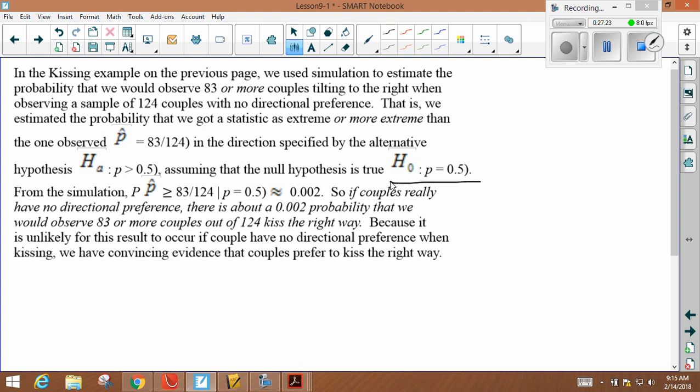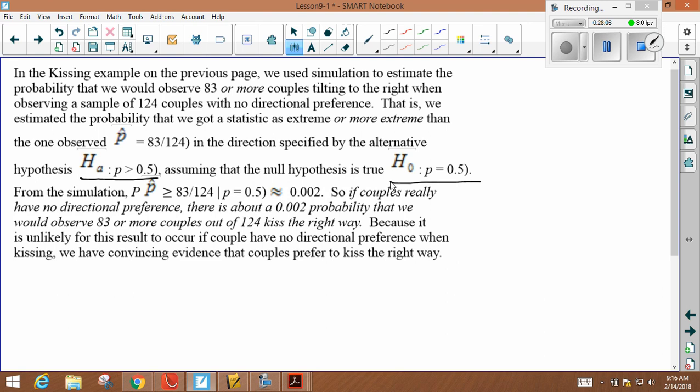So that's what we're saying. We're saying, hey, we would like to find evidence against the statement that the true proportion is 0.5, right? And we actually believe that the true proportion is greater than 0.5, and we want to find evidence that supports that. In our simulation, we found out that our sample statistic, our sample proportion, turned out to occur very, very infrequently.